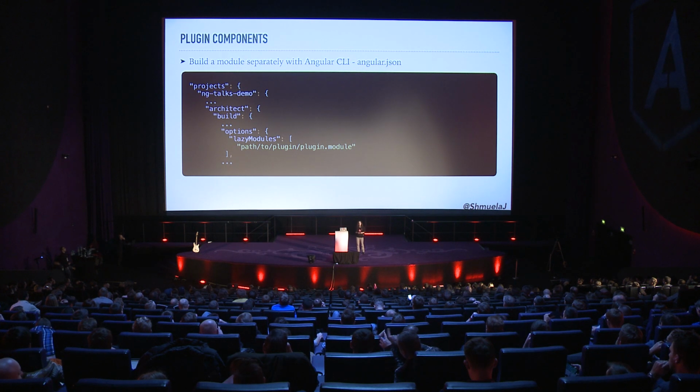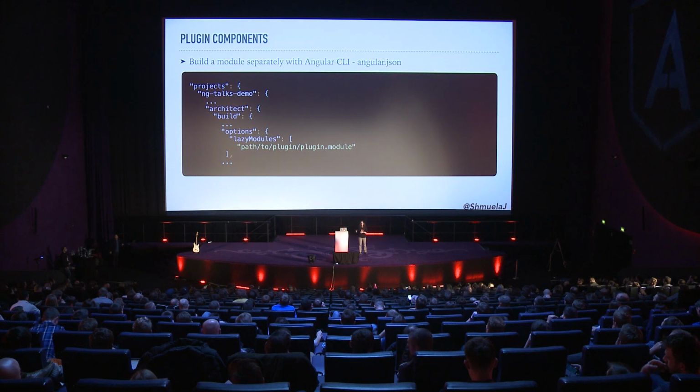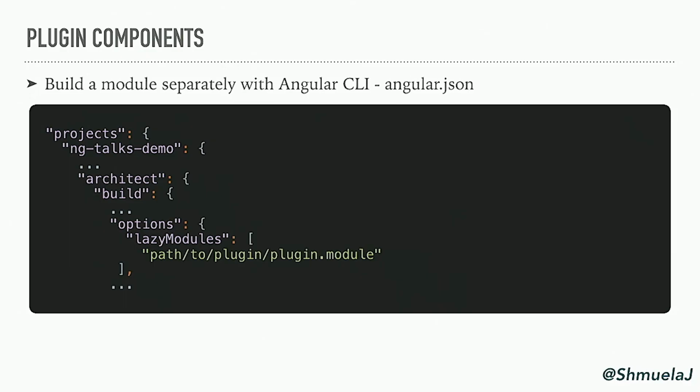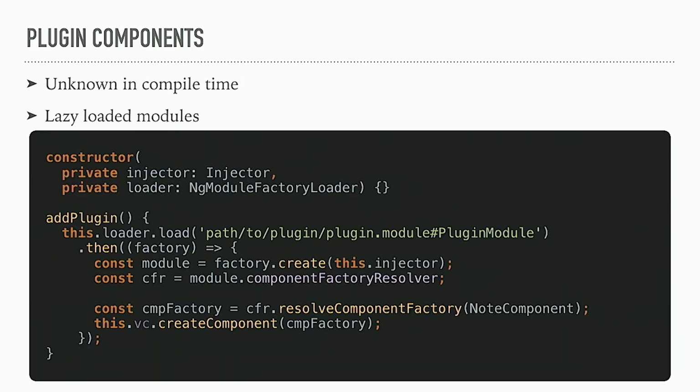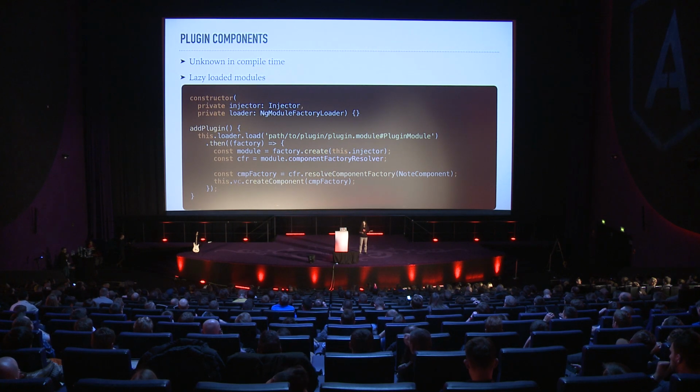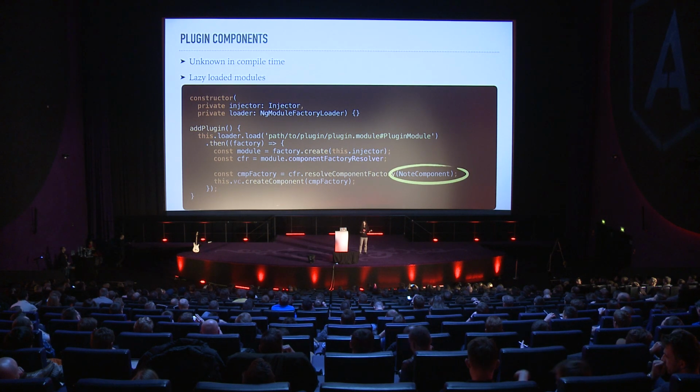Now, if you're using Webpack to build your project and you want to build this as a separate chunk, then you can add to lazyModules in the angular.json file which paths you want to build separately.